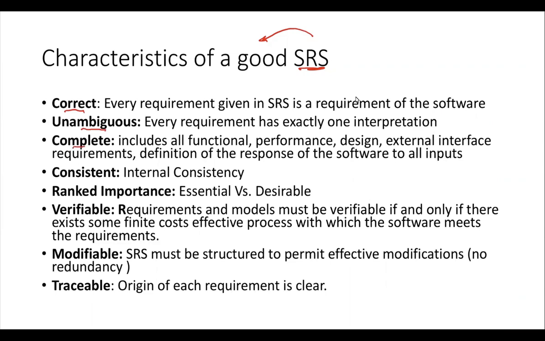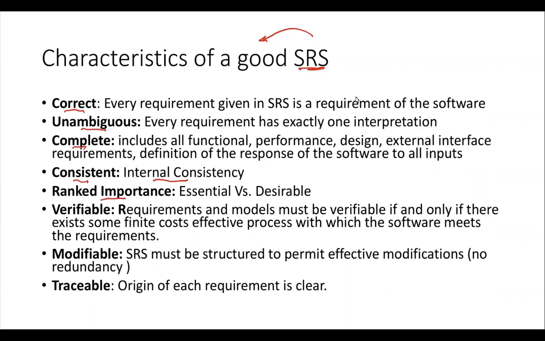It should be complete, such that all the functional, performance, design, and external interface requirements, and even the definition of the response of the software to all inputs, are included. They are not missing anything. Consistent means we have internal consistency between the entities in our system that are defined using the given requirements in the SRS and the models that are built.